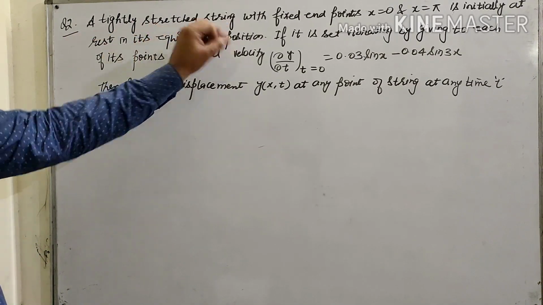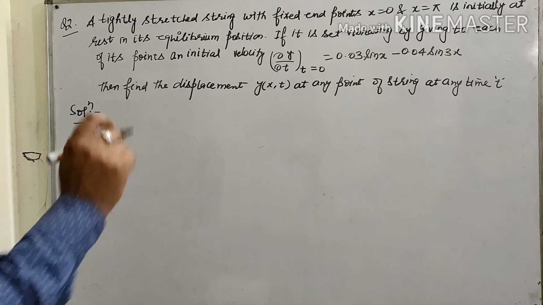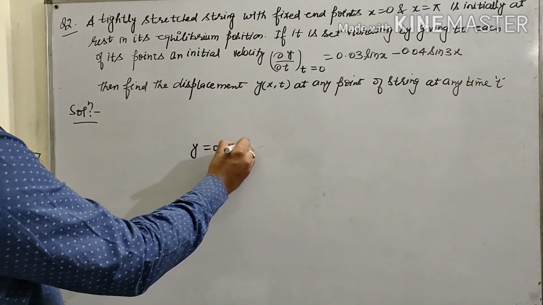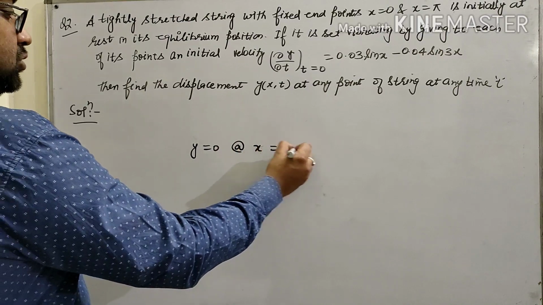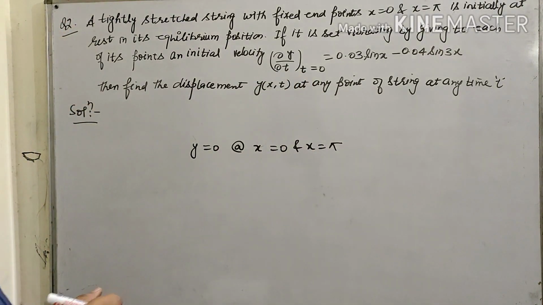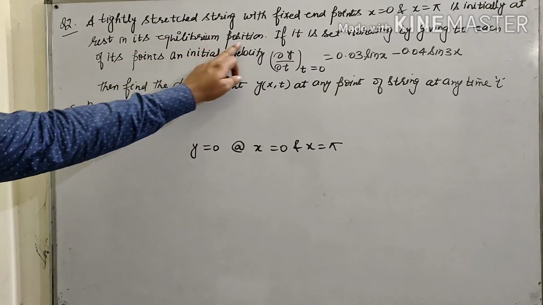A tightly stretched string with fixed endpoints x equals 0 and x equals pi is initially at rest. That is what it means. Y equals 0 at x equals 0 and x equals pi. Another, initially at rest in its equilibrium position.